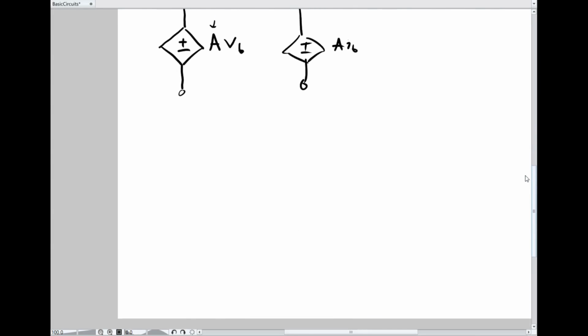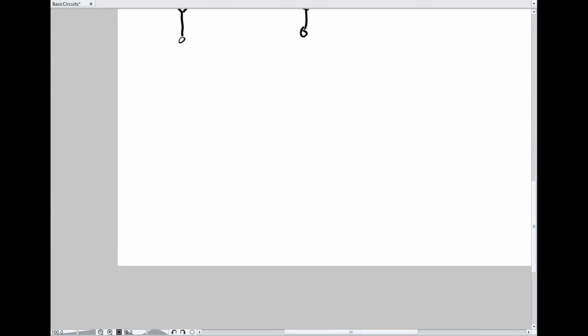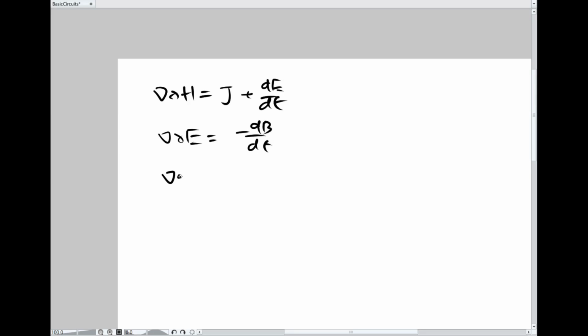Okay, Kirchhoff's laws. So, let's write down Maxwell's equations. That is, the curl of H is equal to J plus dE dt. The curl of E is equal to minus dB dt. The divergence of D is equal to rho, and the divergence of B is equal to 0.